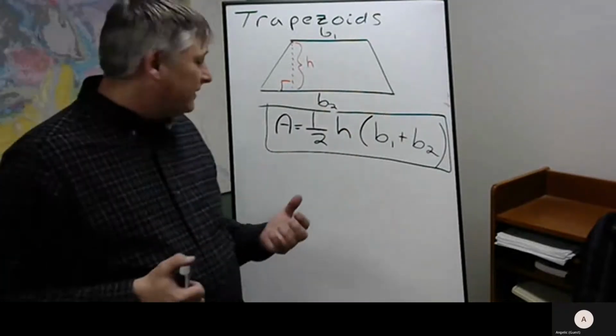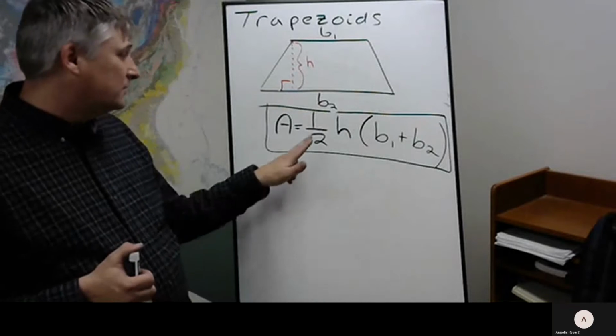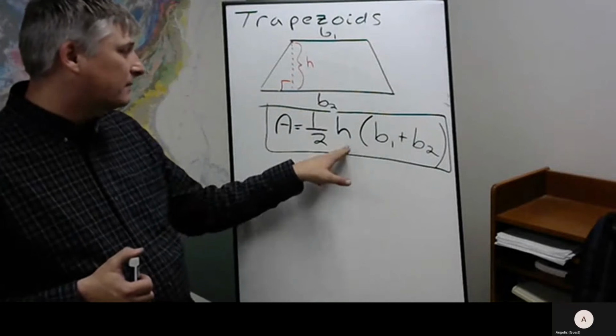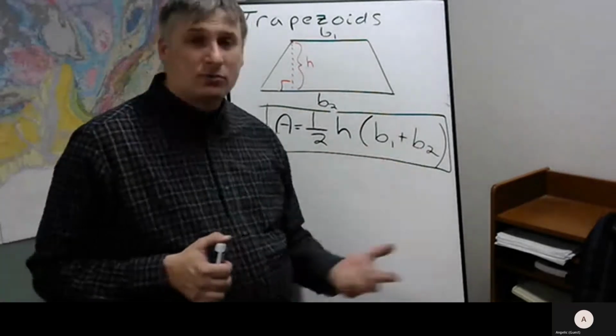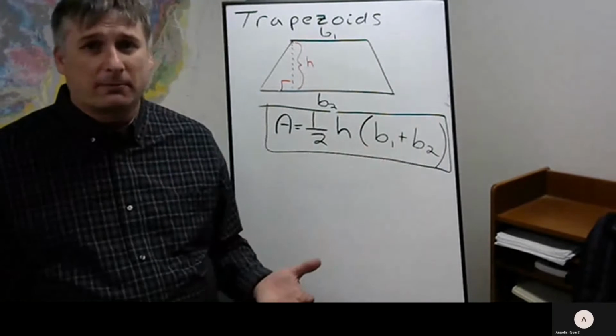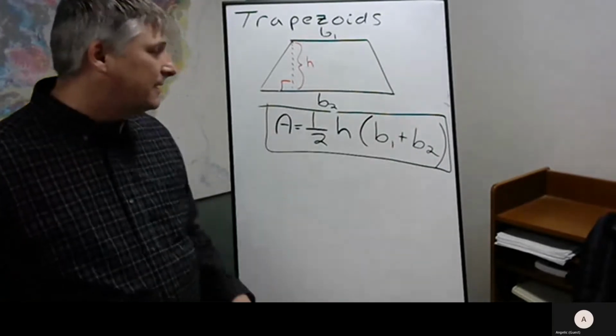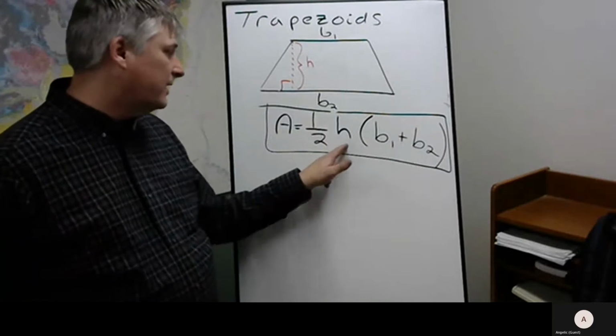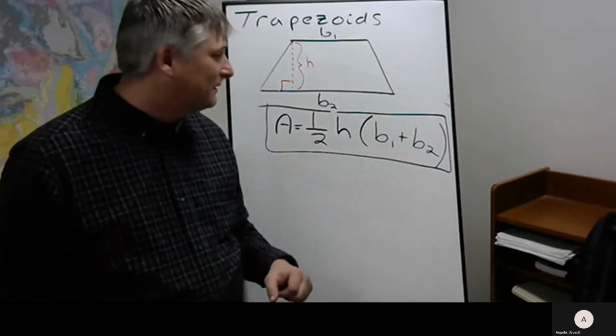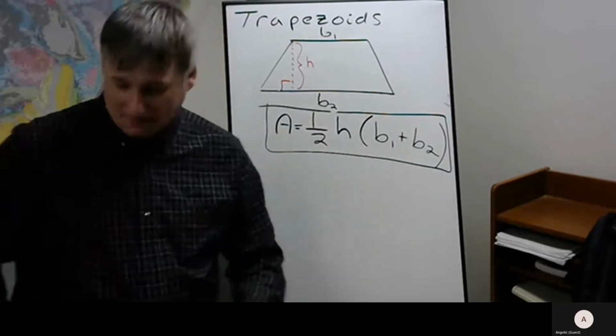So to find the area of this trapezoid, it's 1/2 times the height, and then we add these two bases. Now, we want to follow order of operations. So we're going to add the two bases first, and then we'll multiply from left to right. So let me do an example.